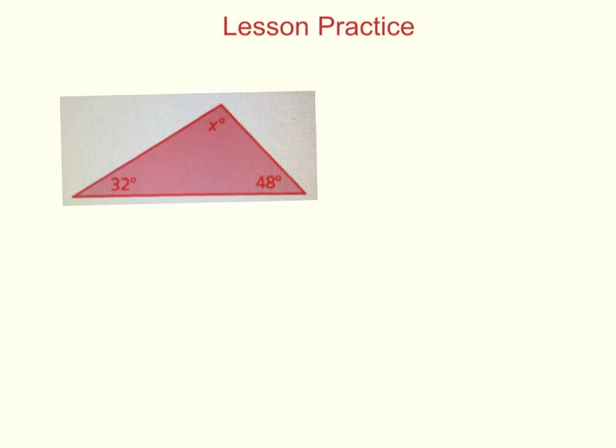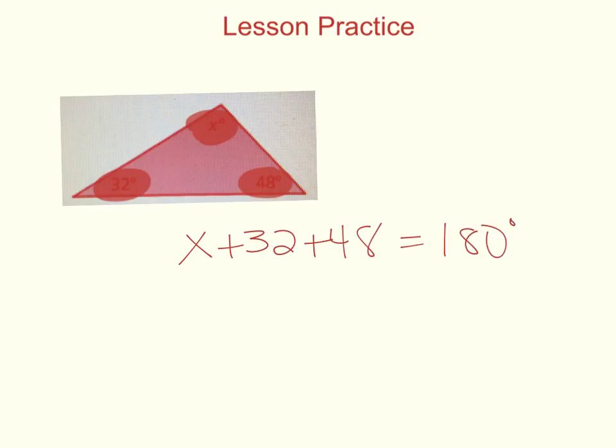So here we see that we have three angles: we have angle X, we have angle 32, and we also have an angle measure of 48. We know that if we take all of these angles and add them up, they should give us 180 degrees. So we could say that x plus 32 plus 48 is going to give us 180 degrees.